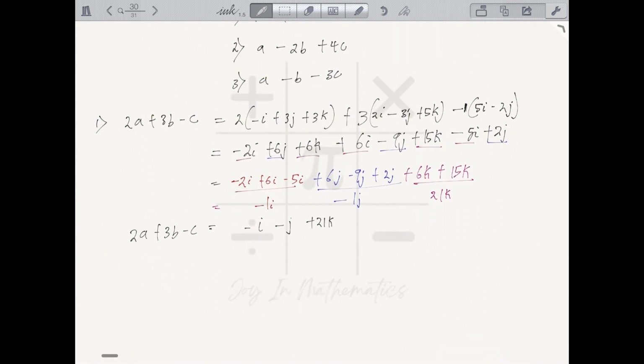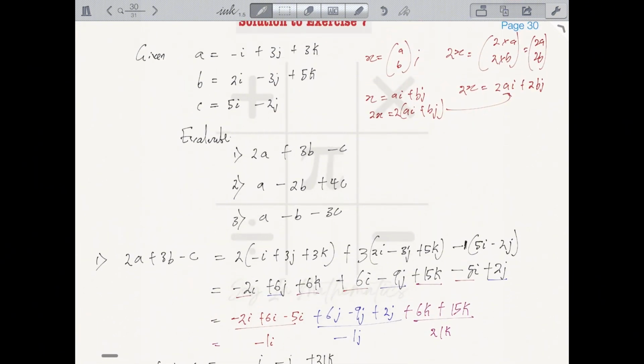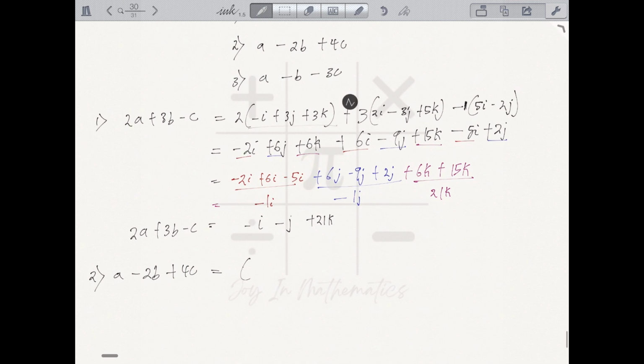Now let's move on to question number 2. We have A minus 2B plus 4C. What is our A? Our A in the question is minus i plus 3j plus 3k.